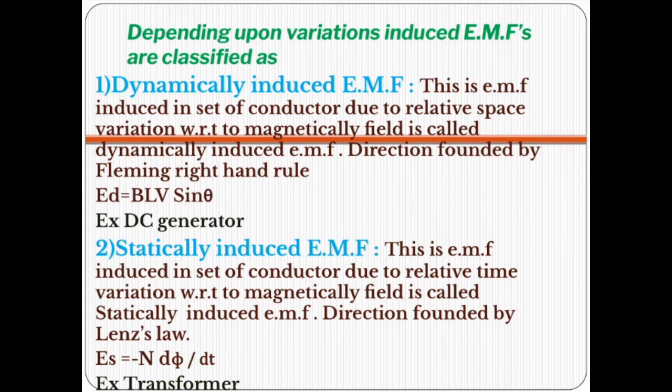For example, consider the DC generator. In the DC generator, when the set of conductors rotates and cuts the magnetic lines of force, EMF is induced. That means rotation occurs, which means relative space variation exists between the set of conductors and the magnetic field. Such induced EMF is said to be dynamically induced EMF.